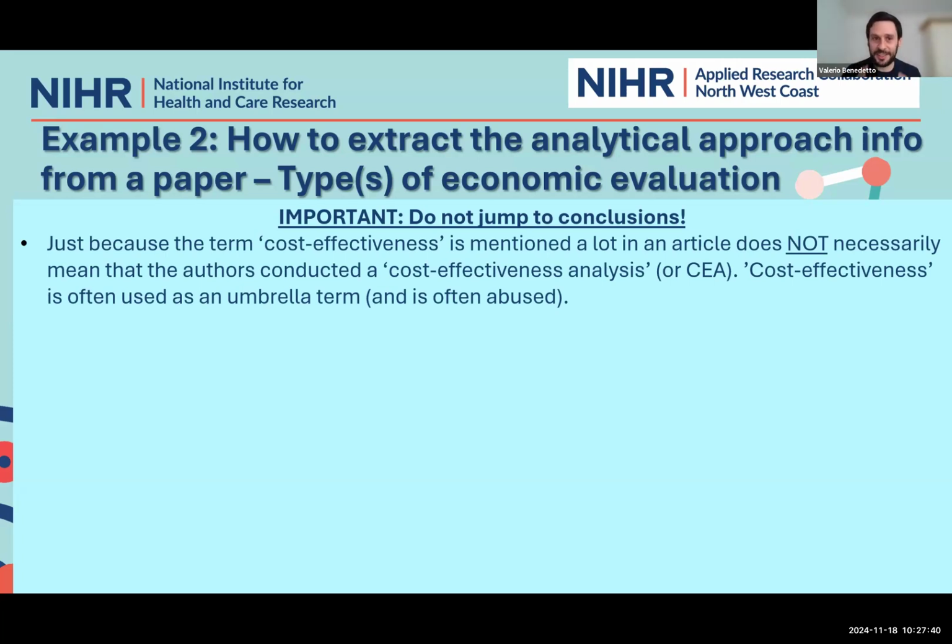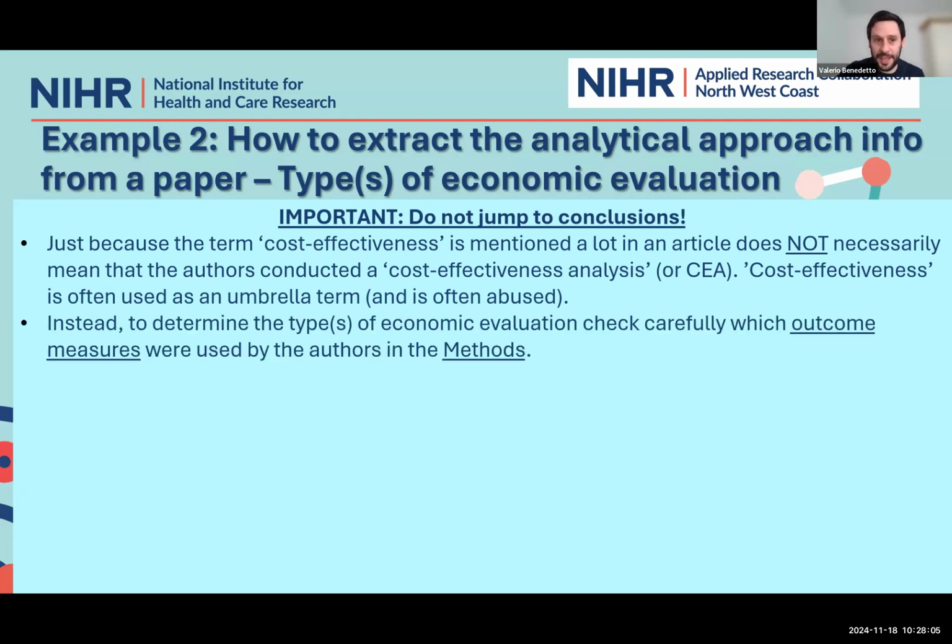And just because you see that a lot in an article, it does not necessarily mean that the authors conducted a cost effectiveness analysis. If you remember the titles of our papers before, all of them mention cost effectiveness, probably, if I remember well. That doesn't mean they conducted a cost effectiveness analysis. They are two different things. Cost effectiveness is an umbrella term and is often abused as an umbrella term.